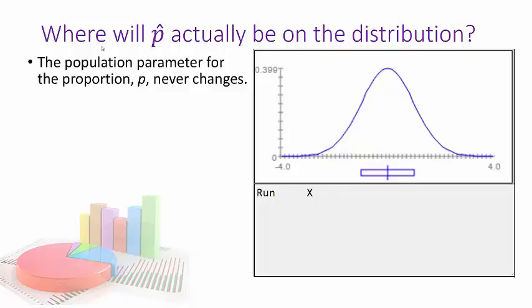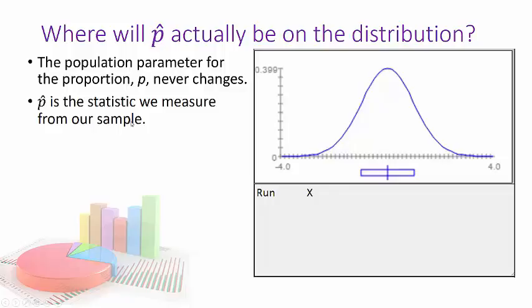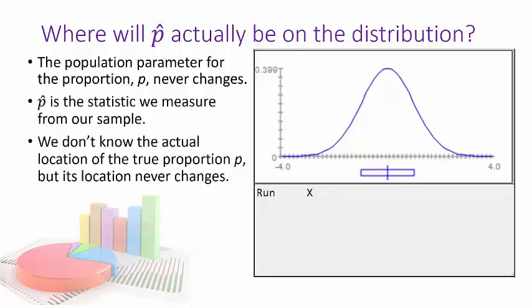So p is something that is just kind of like truth, all right? And p hat is a statistic we measure from our sample, all right? We don't know the actual location of the true proportion p, but its location never changes. So when we are taking measurements here, we're estimating where p is.